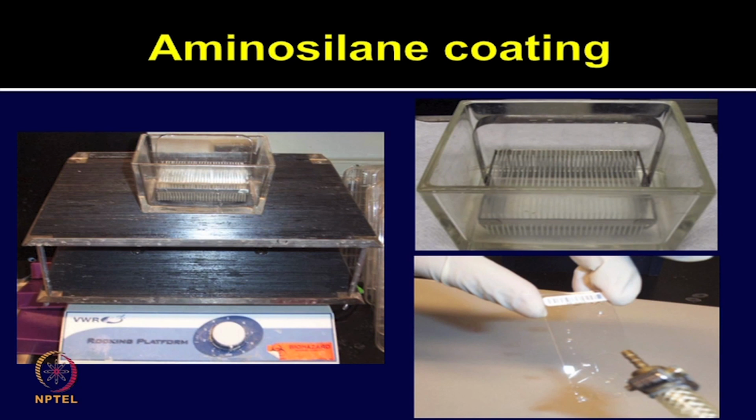On the left side, a rocking shaker has a glass tray with a metal rack containing 30 slides. At the inset, you can also see these 30 slides in the metal rack submerged in the aminosilane solution. On the bottom panel on the right side, I have shown that the slides can be either centrifuged or dried with compressed air, and those are ready for printing purposes.